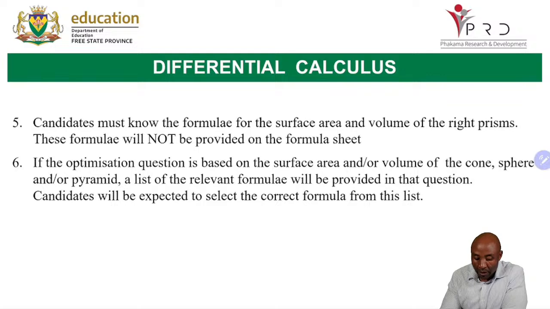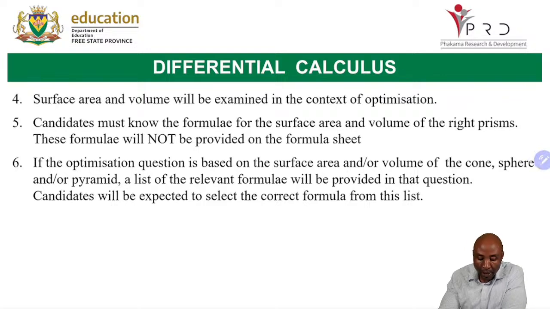Candidates will be expected to select the correct formula from the list. Please be aware, you must know which formula to use. It will be provided, but you must know which one to use. And we know that surface area and volume will be examined in the context of optimization. Now, let's move on.